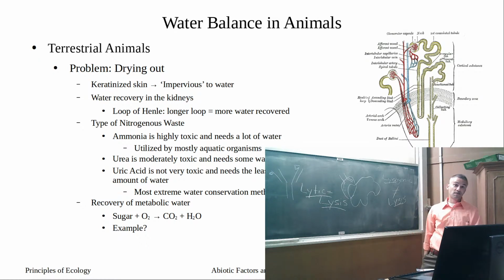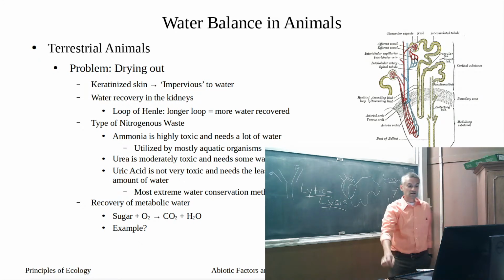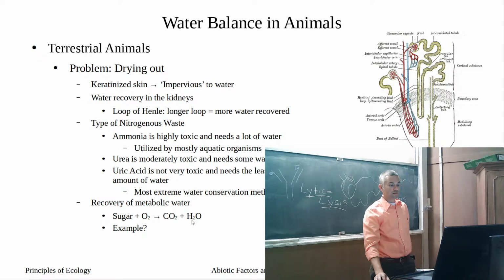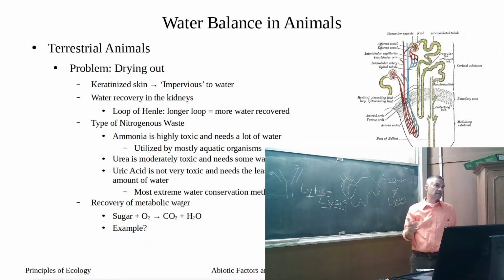You learned it in introductory bio, where your sugar molecule gets broken down into carbon dioxide, water, and energy. All right? So that water can be recovered. And some organisms get by just from the food they eat. The little bit of water that's in the food, and they take that water that is an end product of metabolism, and they reclaim it.